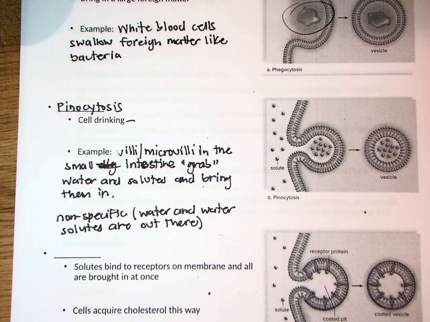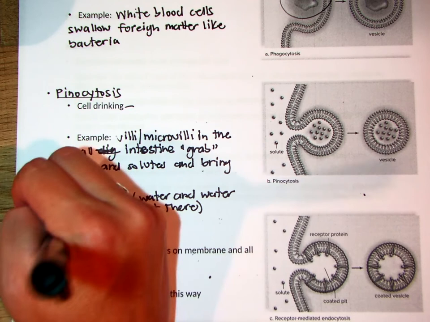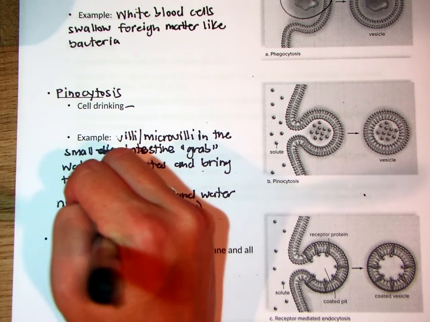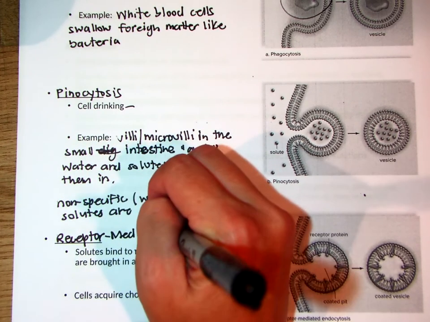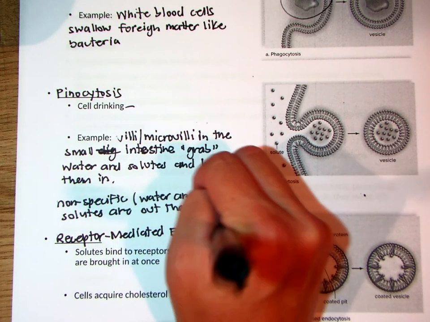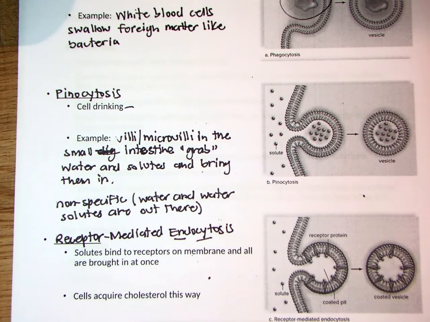And this third one is called receptor-mediated endocytosis. So endo means within, cytosis means the cell, so it's bringing things within the cell. So this is when solutes bind to receptors on the membrane and all are brought in at once.